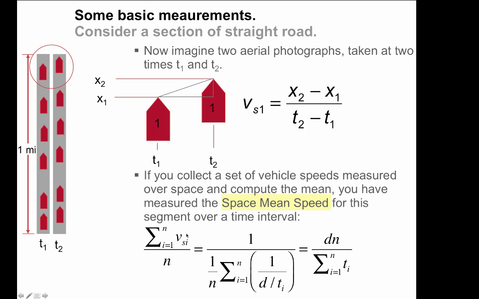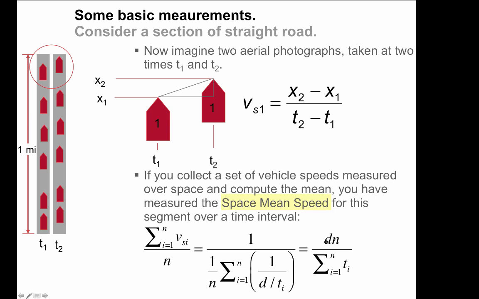The space mean speed is the sum of the spatial speeds that we've measured here divided by the total number in the sample. We also call this the harmonic mean. If you know the distance that each vehicle has traveled and the time that it's taken to do so, you can sum the inverse of that, divide that by the number in the sample, and then take the inverse of that.